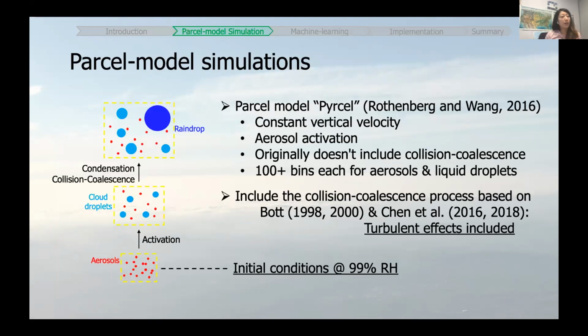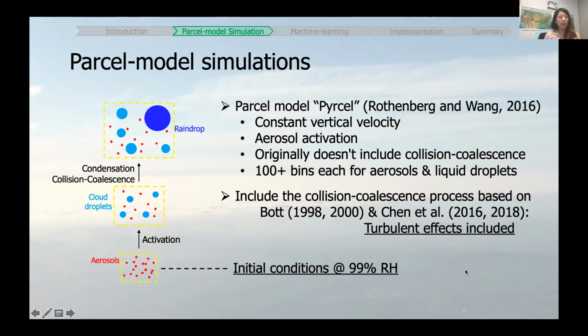It's a Parcel model because it's literally simulating one parcel that is rising upwards at a constant vertical velocity. And as it goes up in the air, it expands and eventually it gets saturated and creates cloud droplets within it.